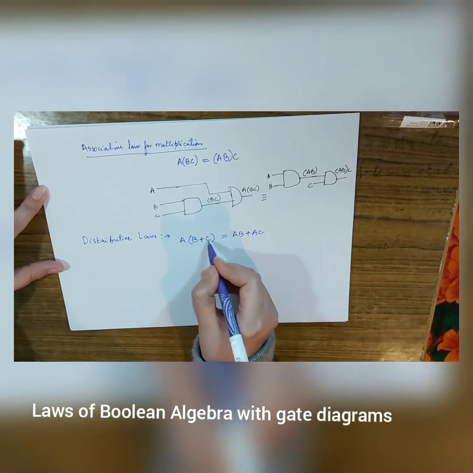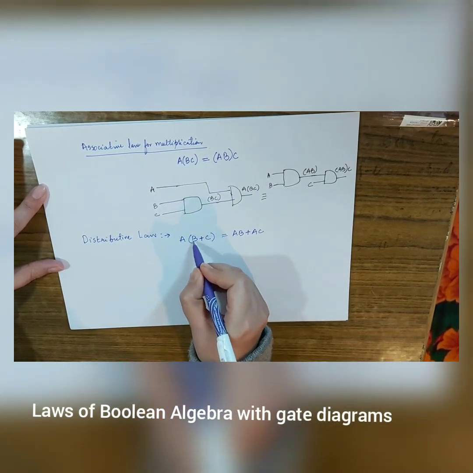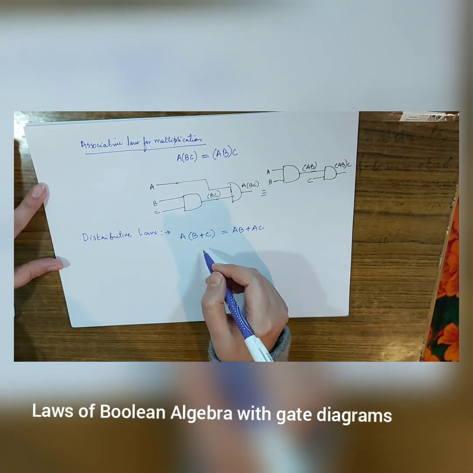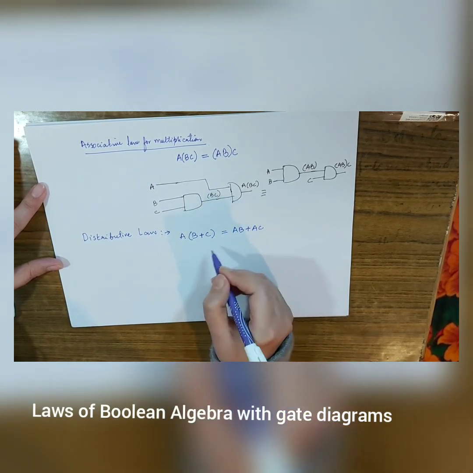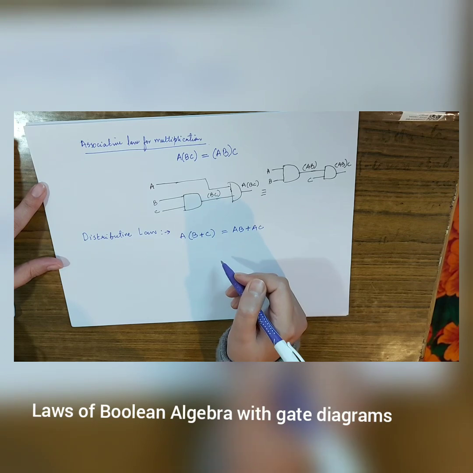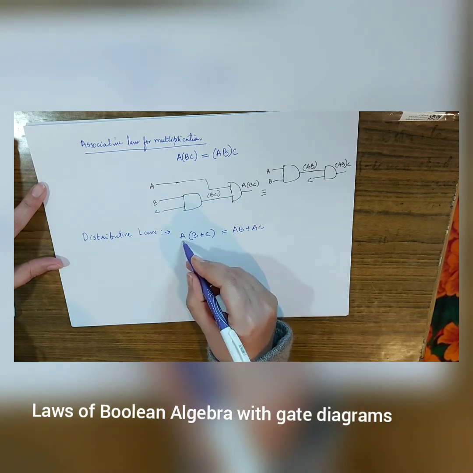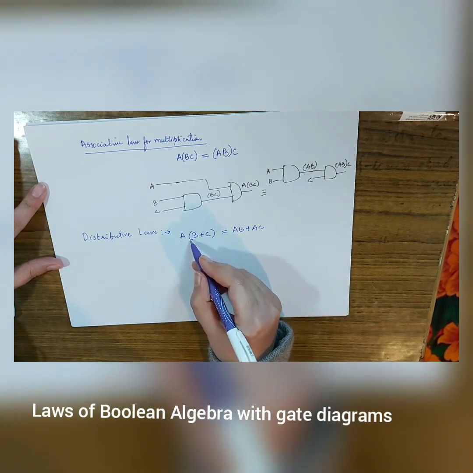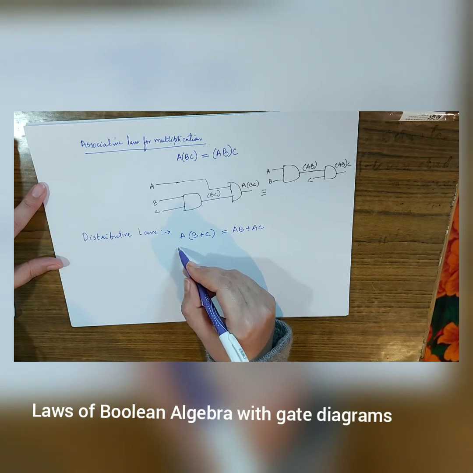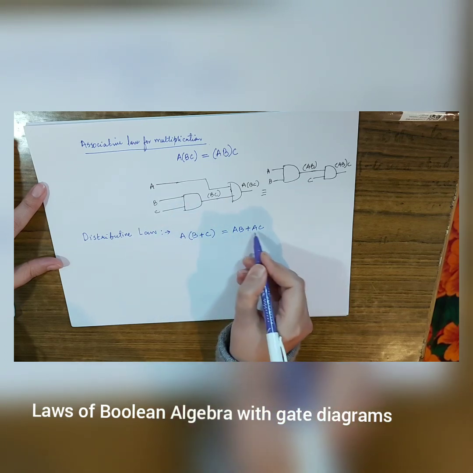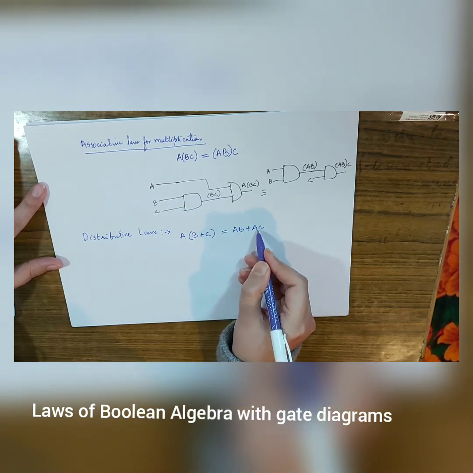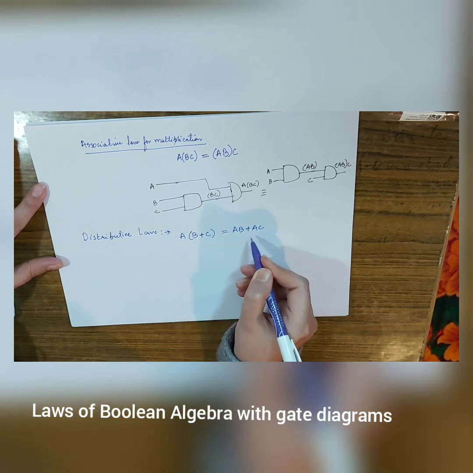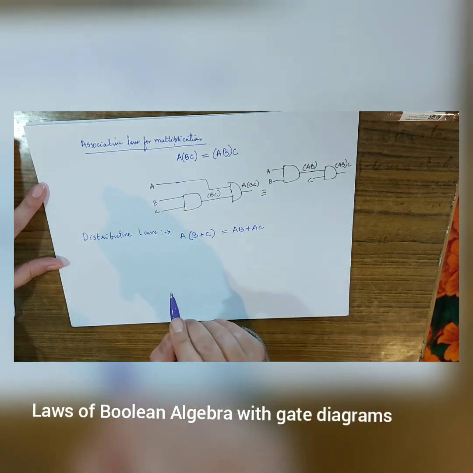You are simply adding the terms AB and AC. This law also expresses the process of factoring, in which the common variable is A, which is factored out of the product terms. Like we have this as the product term, and A is the common factor, and we are taking A out of this. So you can understand it like this.